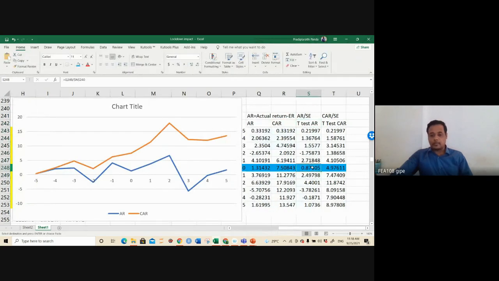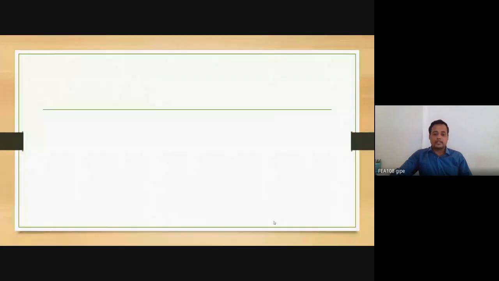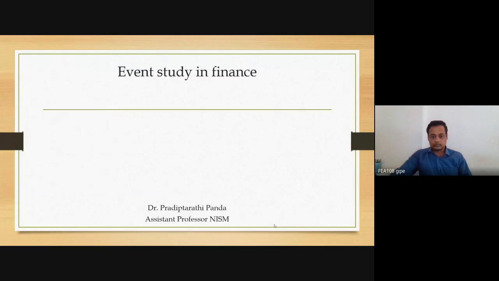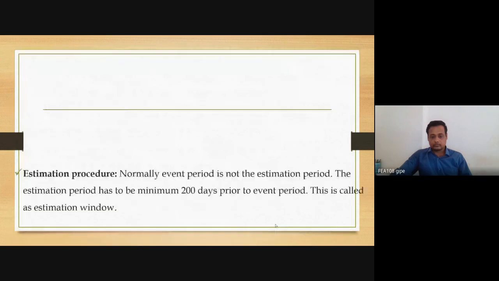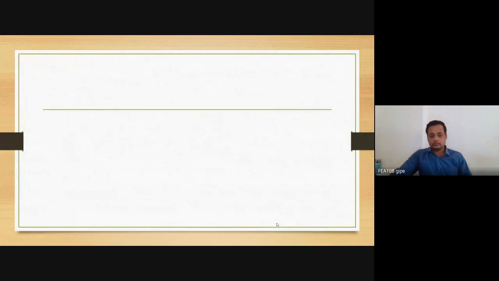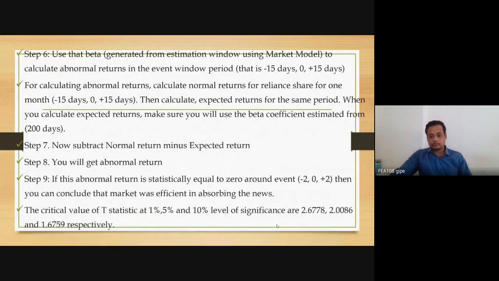What is the minimum value of significance for AR and CAR? For the t-test, the minimum value is 1.67. So if we are getting 1.6759, that means it is significant at 10% level.